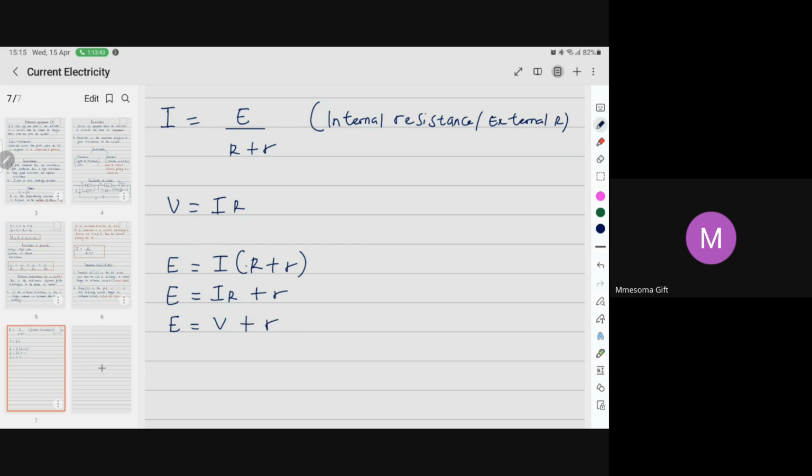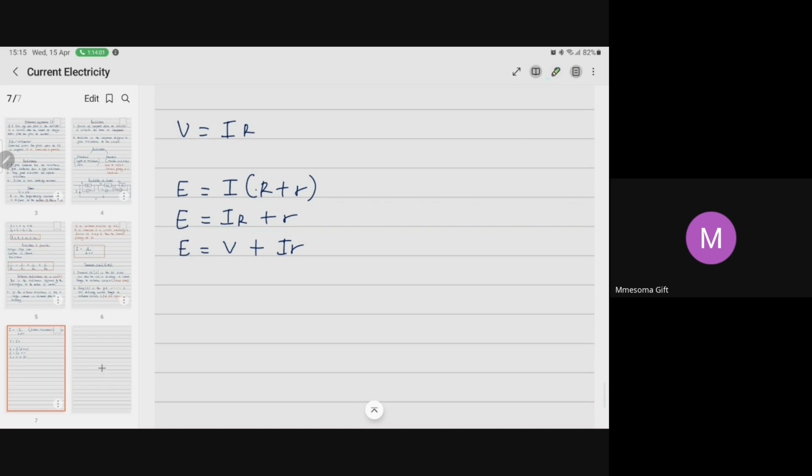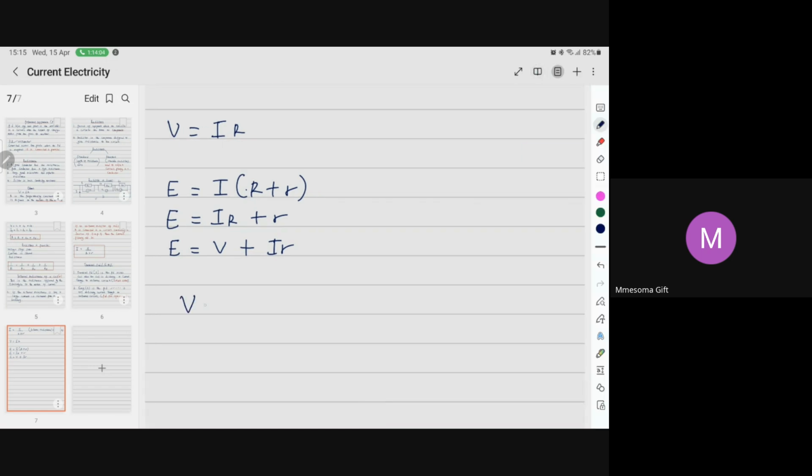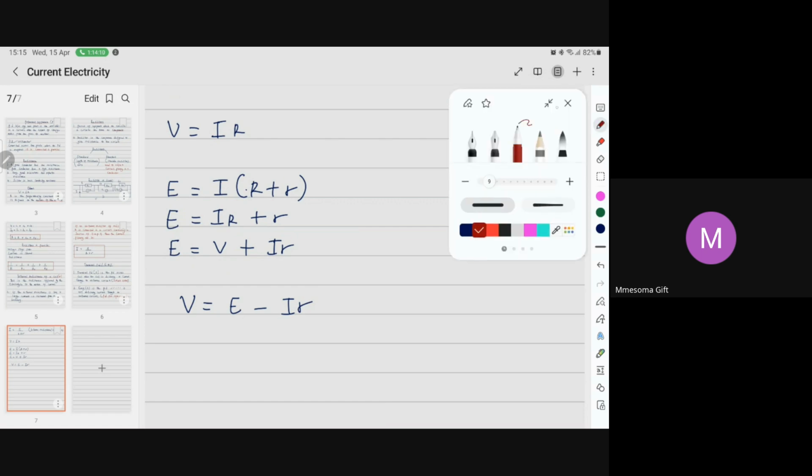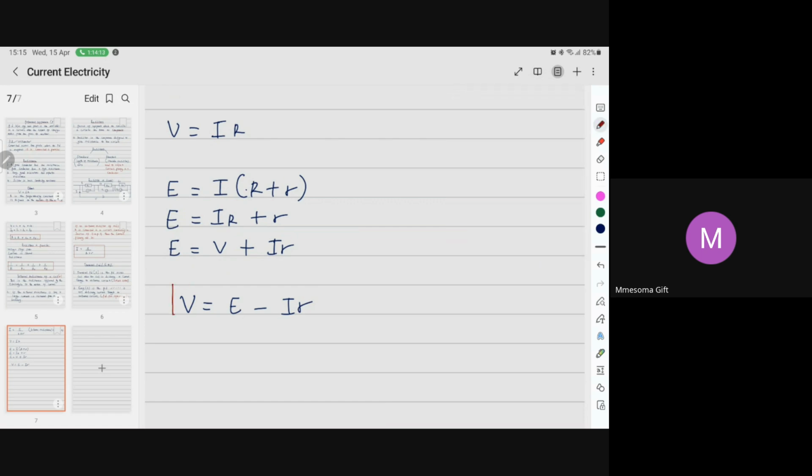V plus Ir. Now, if I want to make my voltage the subject of the formula, we'll have that V will be equal to E minus what? Ir.